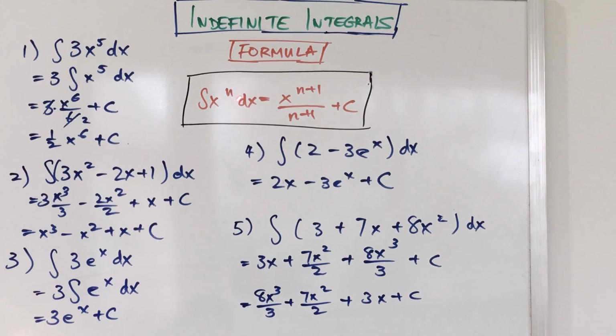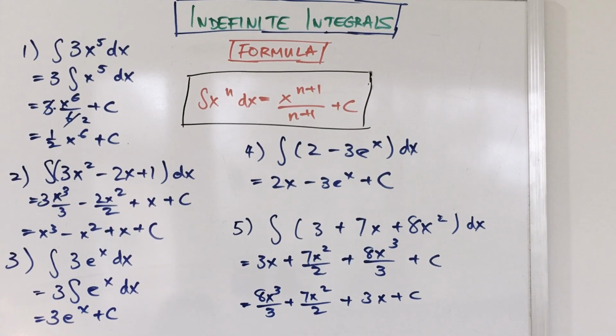So x to the 0 becomes x to the 0 plus 1 over 0 plus 1. So that becomes 2 times x to the 1 minus 3e to the x, and we covered in this example, the integral of e to the x is just e to the x, so it just stays the same, plus c constant.